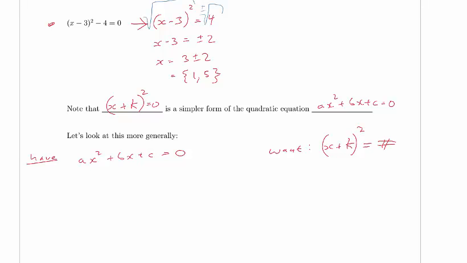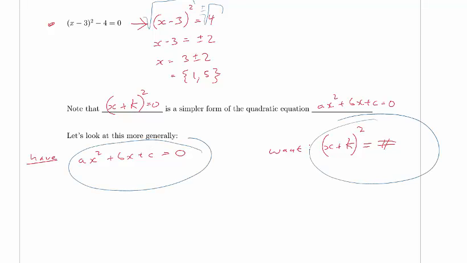Because this is what we had up here, and when we have it like this it is easy to work with. So we want to convert what we have right here into something that looks more like this, and then this becomes a very easy problem to work with.